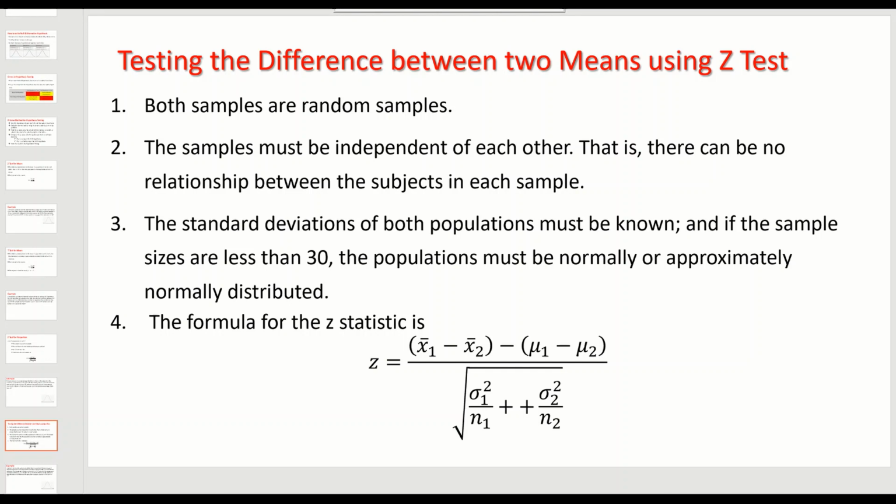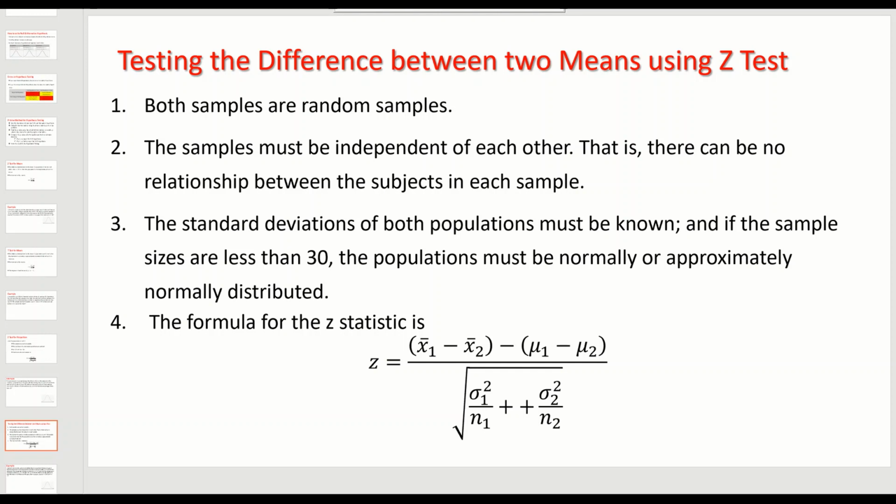Third, the standard deviation of both populations, the population from which the first sample is taken and the population from which the second sample is taken, must be known. If their sample sizes are less than 30, then those populations must be approximately normal or normally distributed.